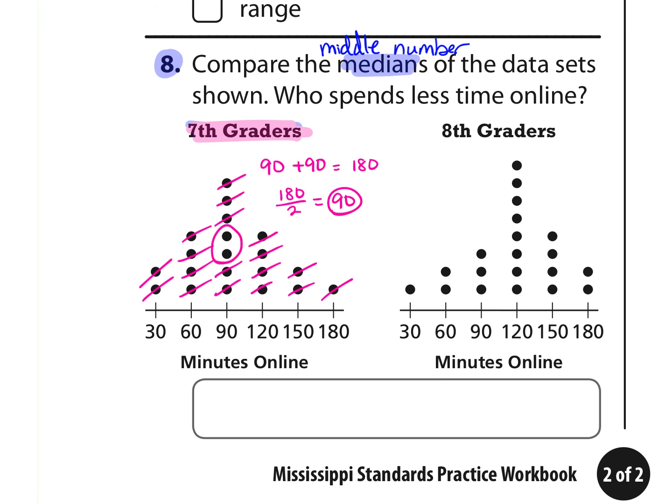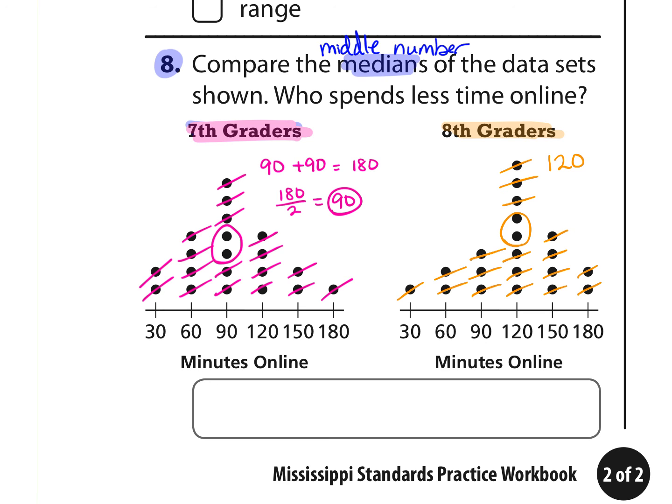Looking at 8th graders, we'll do the same process. We're going to cross off the smallest and the largest, again and again, and all of these are 120, but I'll go ahead and go through them. Once again, we have 2 numbers in the middle. They're both 120.